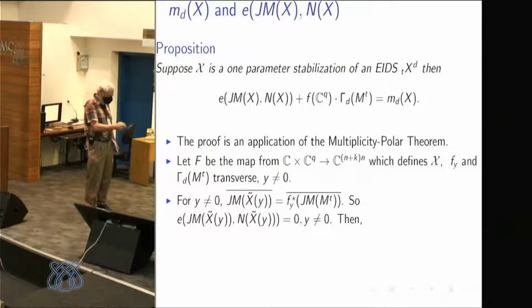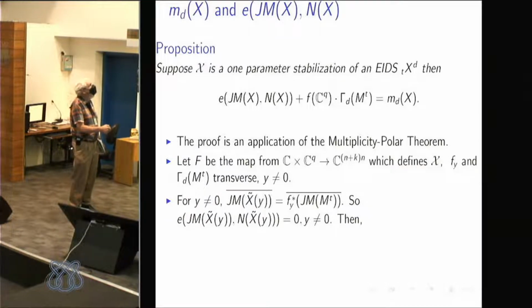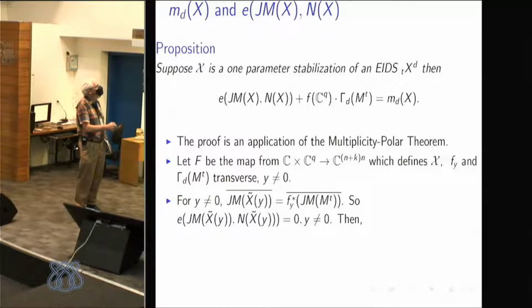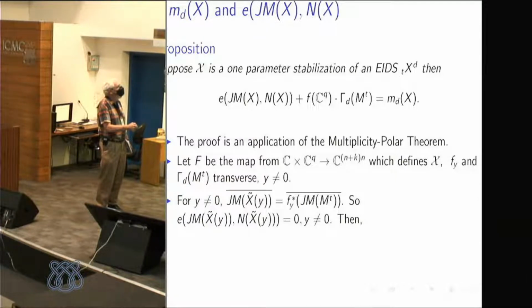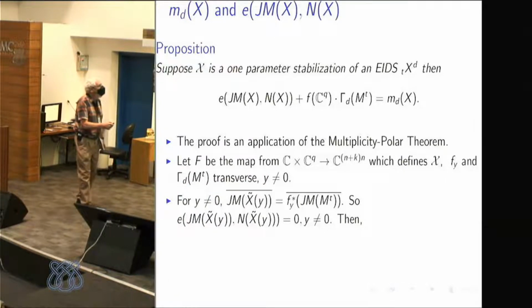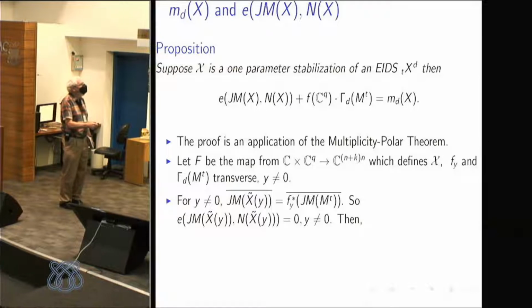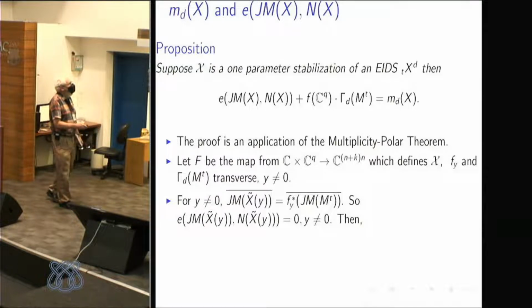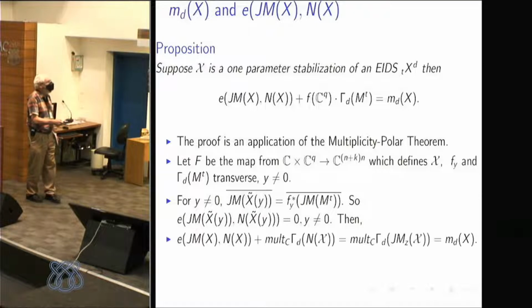We know that if Y is not 0, so here we are working on the stabilization, because it's a stabilization, the Jacobian module of this is equal to this. And so this is going to be 0 for Y not equal to 0. And we can prove that for JZ as well. It's not a big deal.